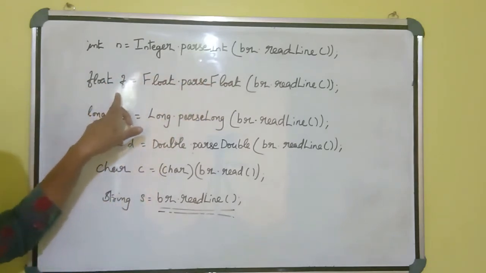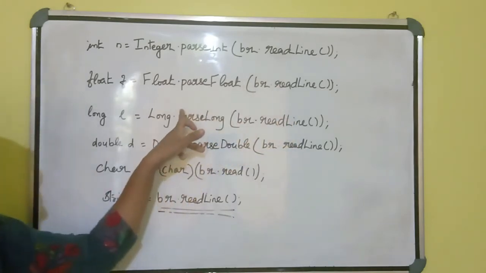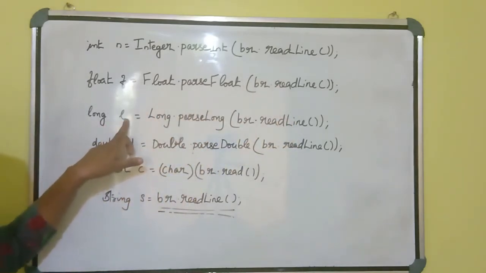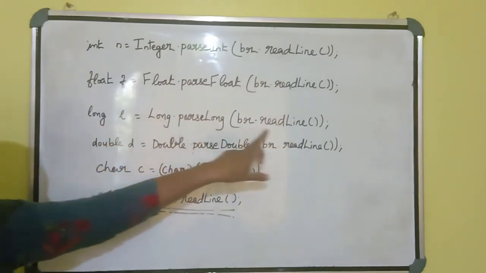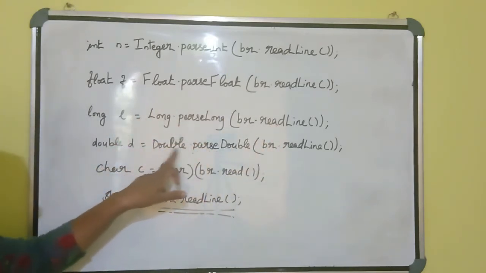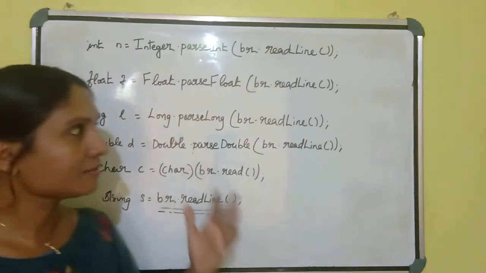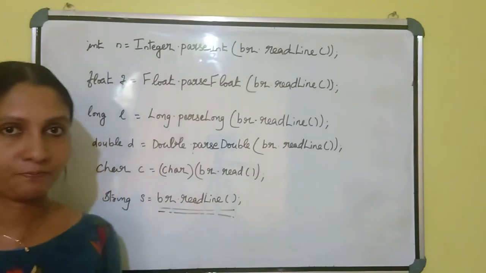If it is a float type value, we use Float.parseFloat to convert the string value. If it is a long type variable, we use Long.parseLong. And if it is a double type value, the Double.parseDouble function is used to convert the string value to double. These are the types we usually use.